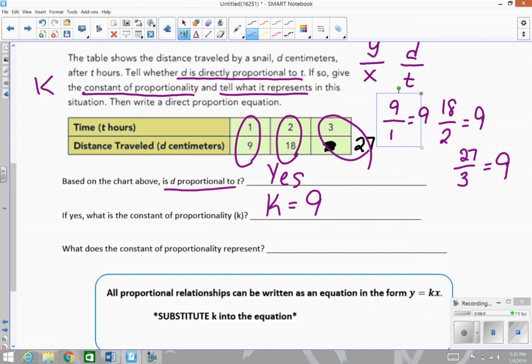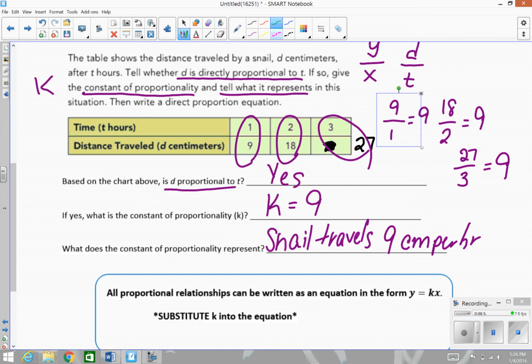So this 9 represents the fact that the snail travels 9 centimeters per hour. I want you to pause right there. Think that over. 9 centimeters per 1 hour.